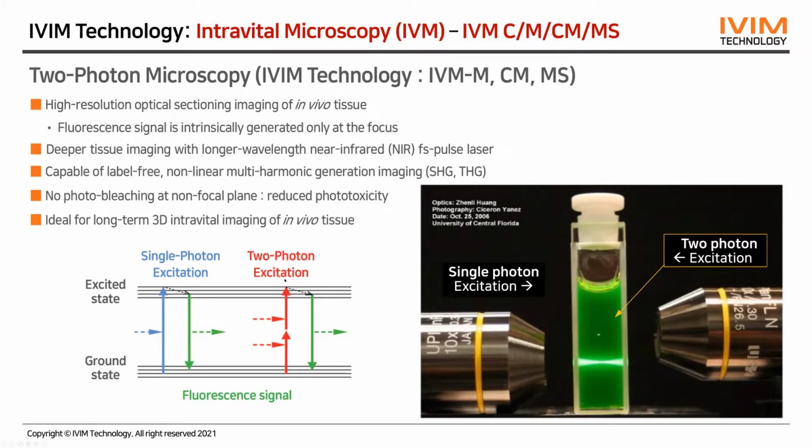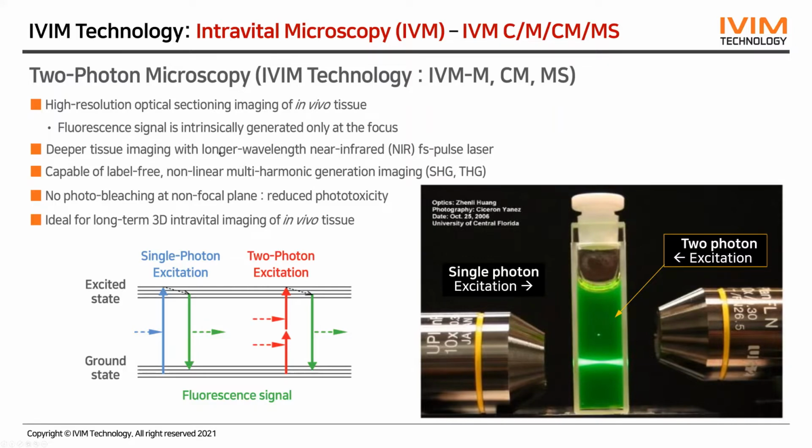Compared to the single photon excitation used in a confocal microscope, where the entire volume is fluorescent, in two-photon excitation you can easily achieve optical sectioning.